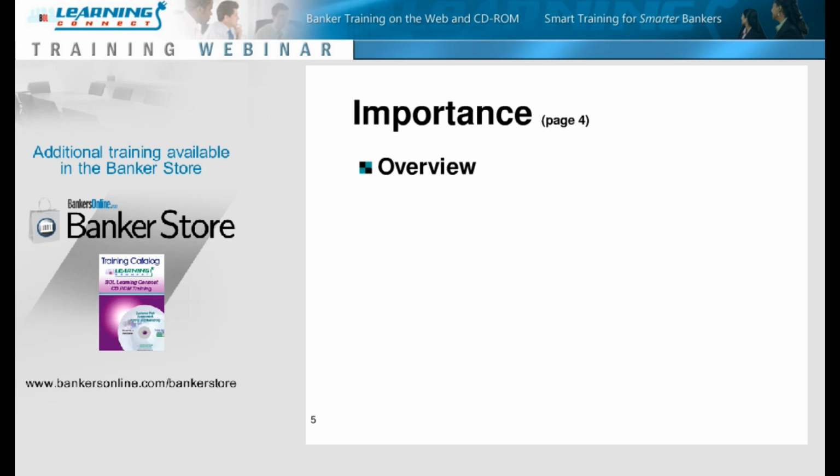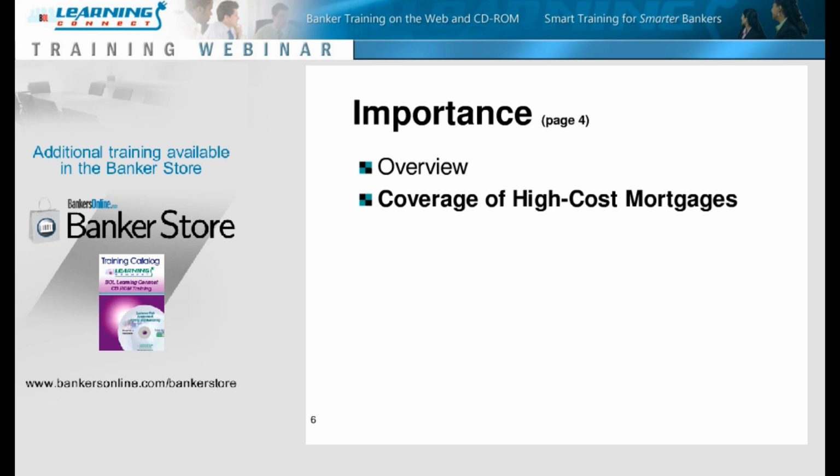Once you get past that, you see that there are two main triggers for coverage as a high-cost mortgage loan. The first is one that relates to the APR and the extent to which the APR exceeds the APOR by a certain amount. But what we're focusing on is the second main test, and that is the points and fees test.